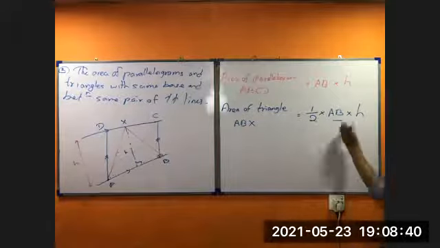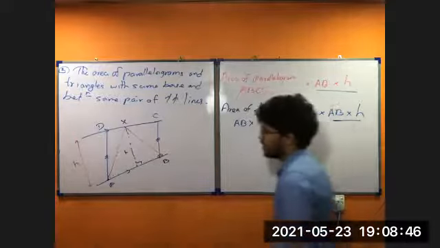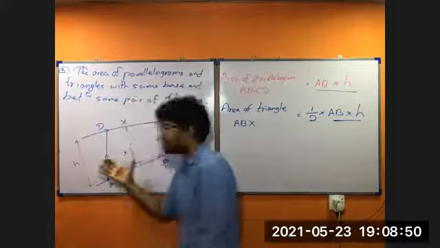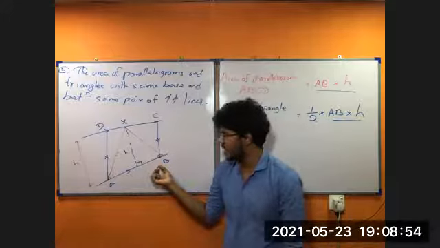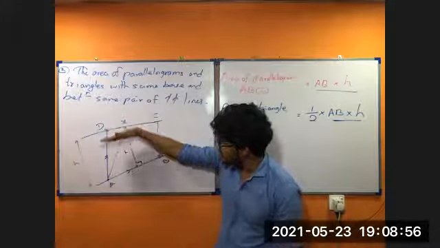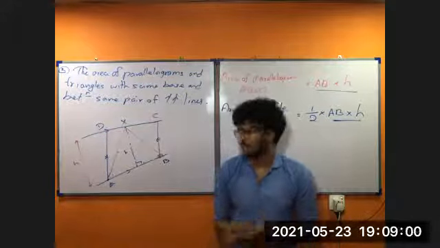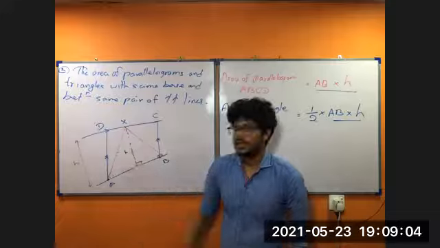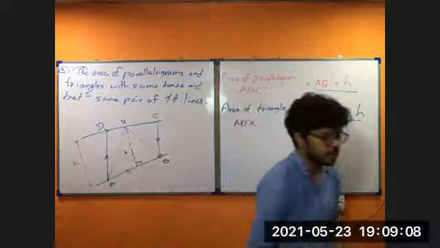So if a triangle and a parallelogram have the same base and are between the same pair of parallel lines, the area of the triangle is going to be exactly half of the area of the parallelogram.